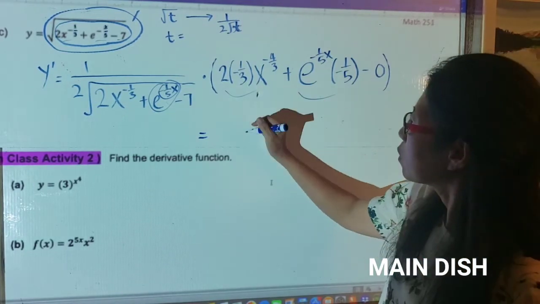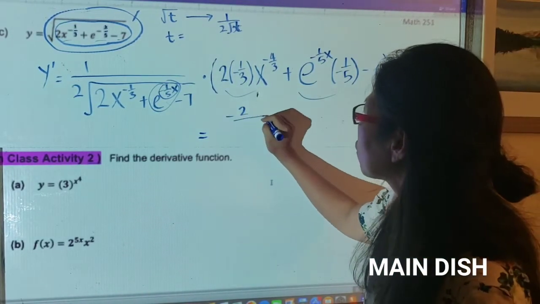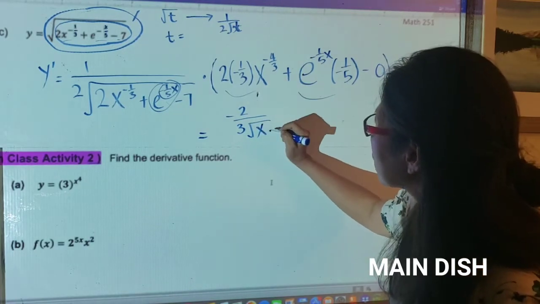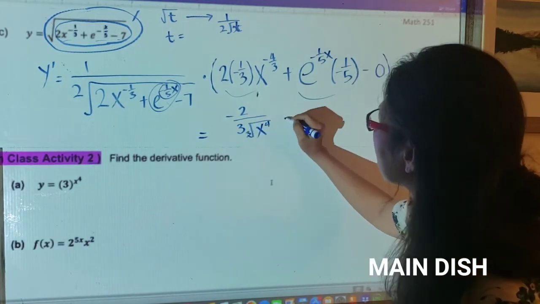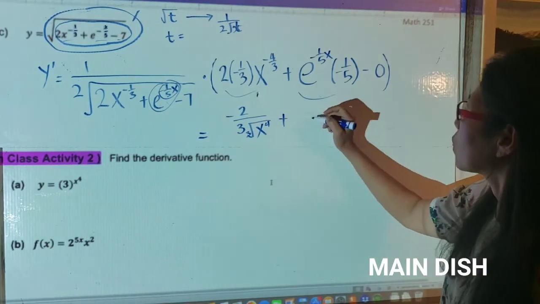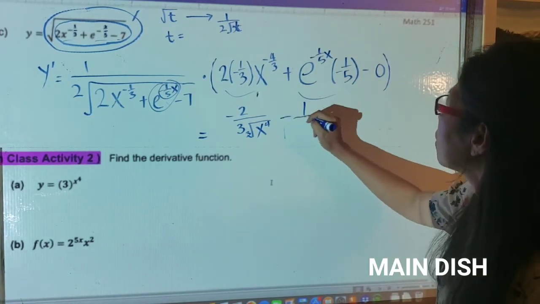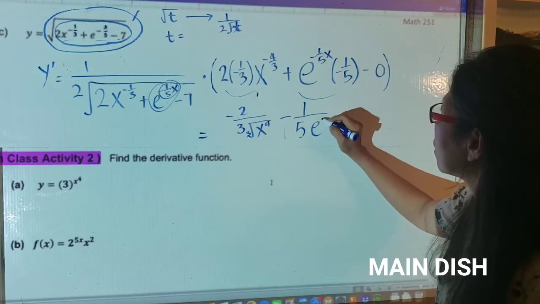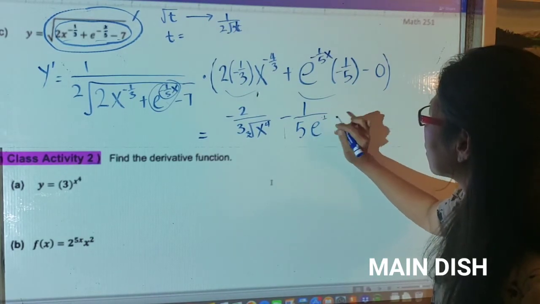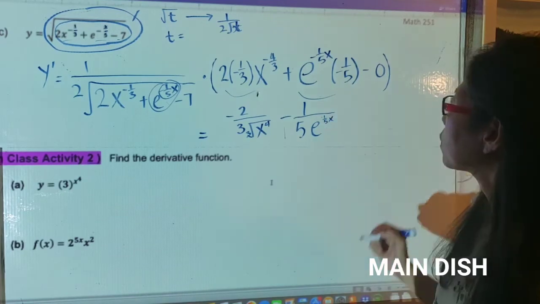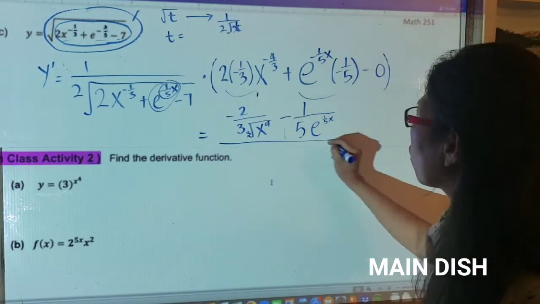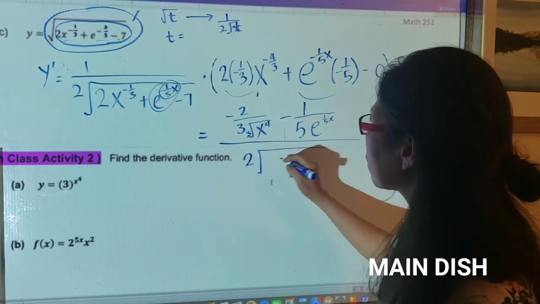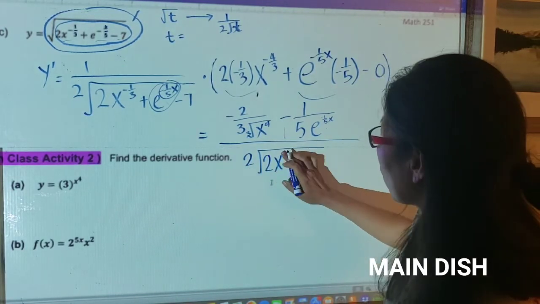Yeah, numerator will be negative 2 over 3 square root of x to the 4th power, we cube, plus, next one, negative 1 over 5 e to the negative 1 over 5x, just put it down, over, denominator I will just copy, 2 times square root of 2x. Oh, okay.